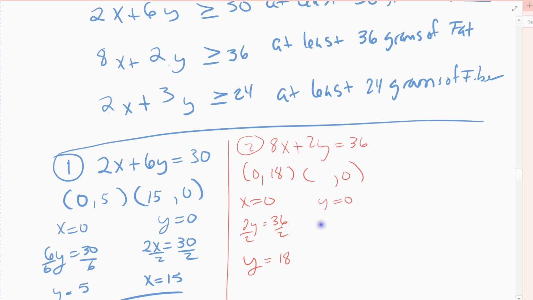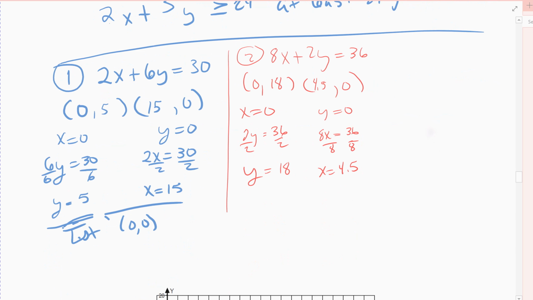Y equals 0, 8x equals 36. So that's 4.5. If you wanted to pick a different point because it doesn't come out real nice, you could, but it's just a half point, so I'm probably going to use it.